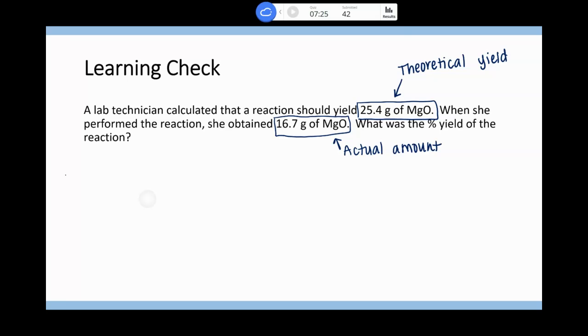So we just use our percent yield calculation formula. We do actual amount divided by theoretical times 100%.